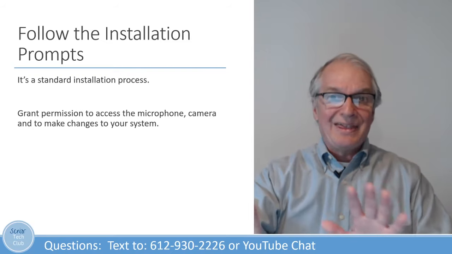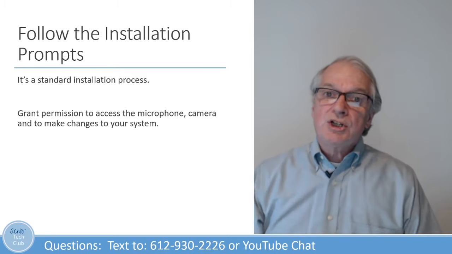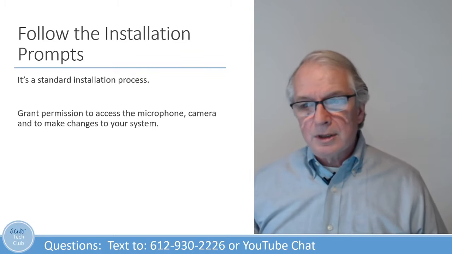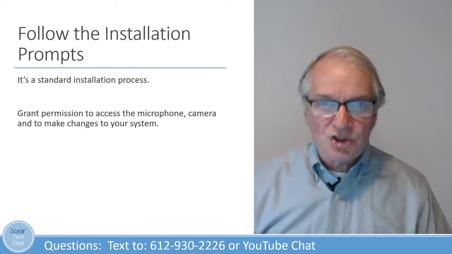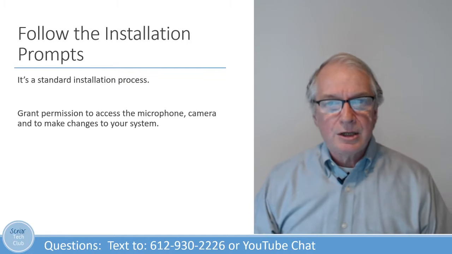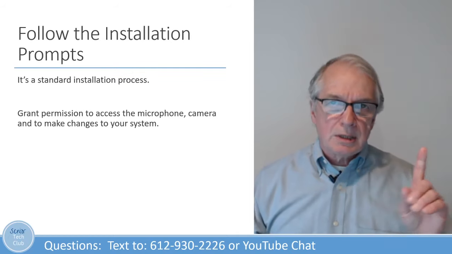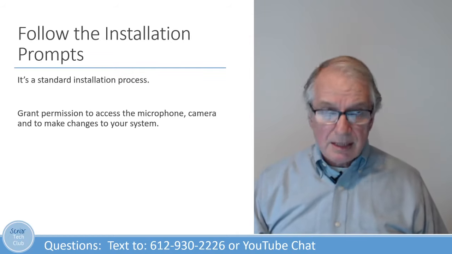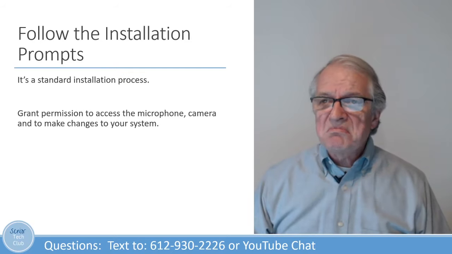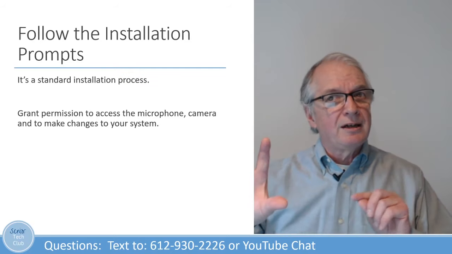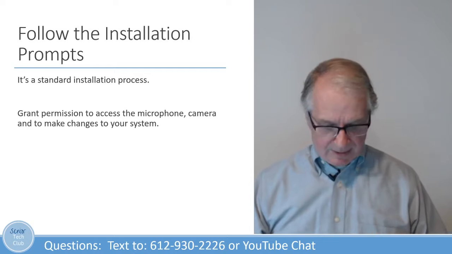Don't hesitate on that. Those protections are there primarily for situations where you don't know that software is being installed on your system. So go ahead and grant those permissions as you walk through that process. Now, how long does that process take? Probably about 5 minutes, all that it takes.